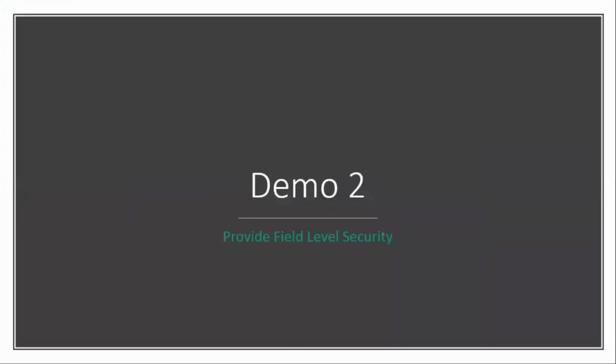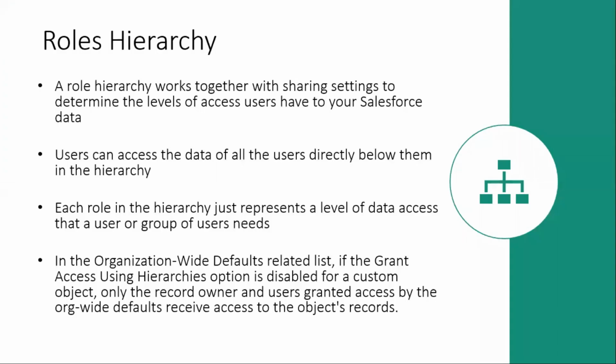so let's move ahead and see the next option available here, that is the role hierarchy. So role hierarchy works together with the sharing setting to determine the level of access the user has to Salesforce data. So for example, in our hierarchy, we have the CEO, there is a CTO, then there is a manager, then there is a tech lead, right?